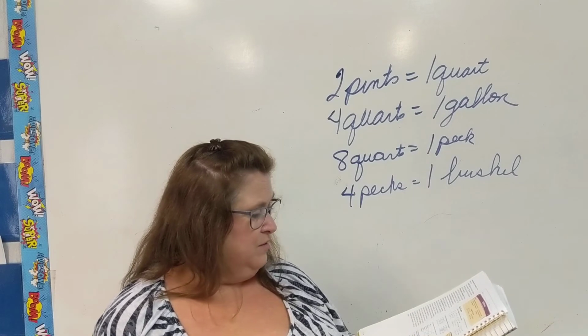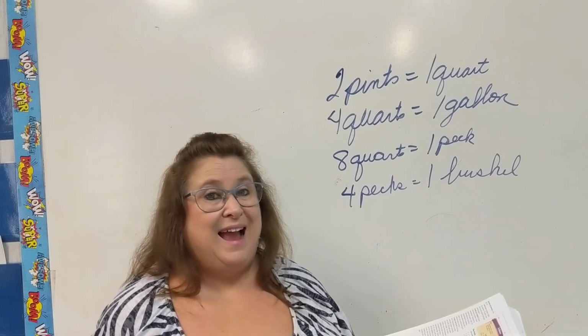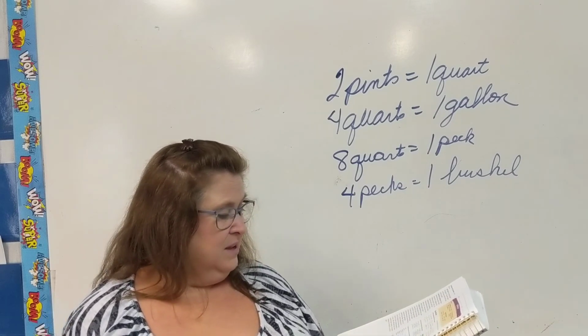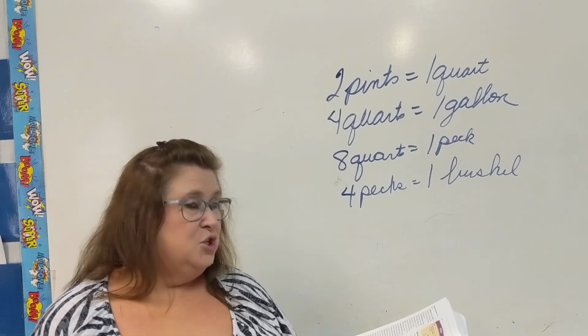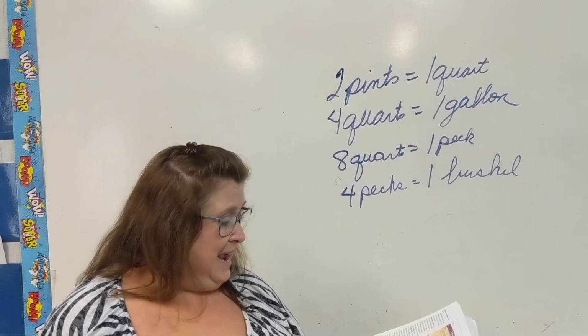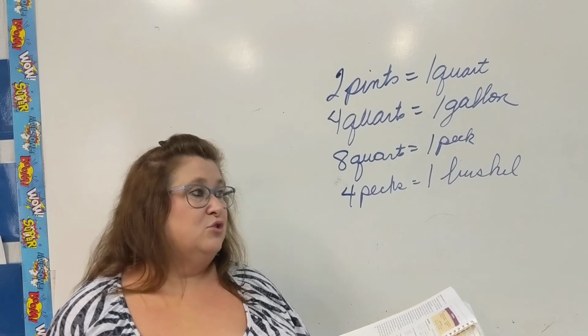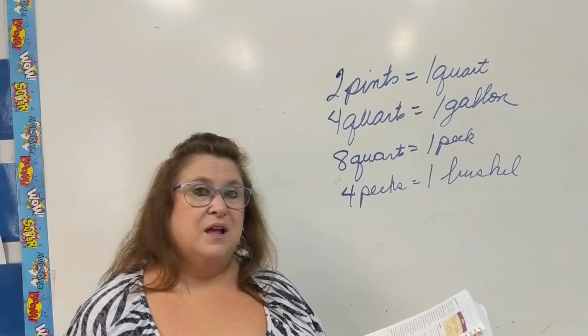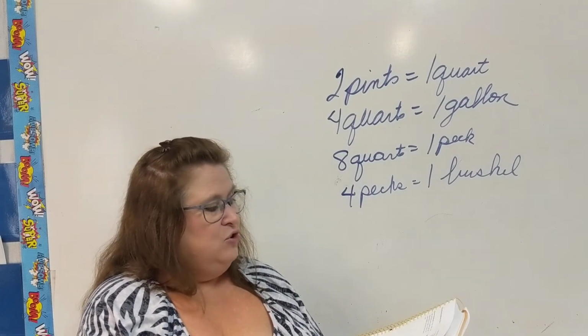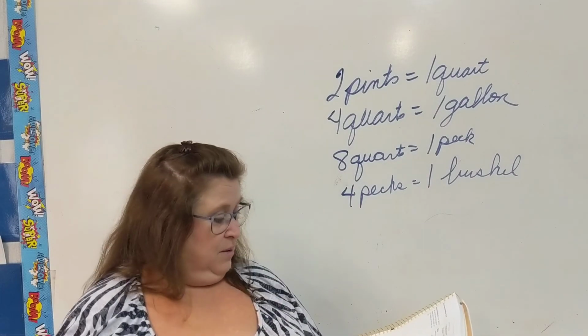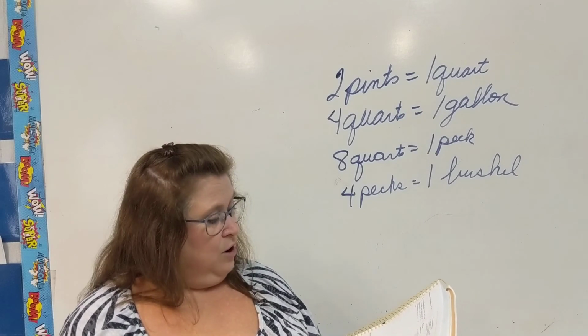We're going down, we're dividing, equals 20,000 deciliters, which equals 2,000 liters, which equals 200 decaliters, which equals 20 hectoliters, which equals 2 kiloliters. All right, so you are going to finish page 30 on your own.